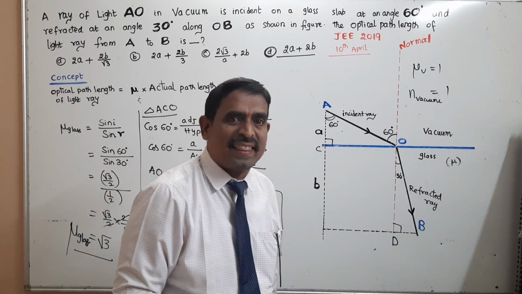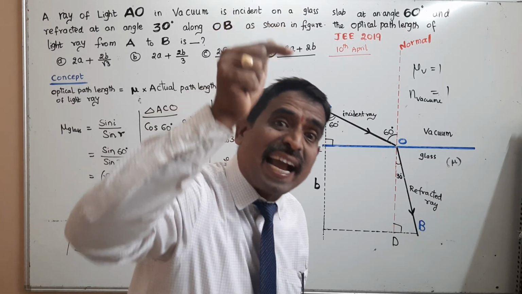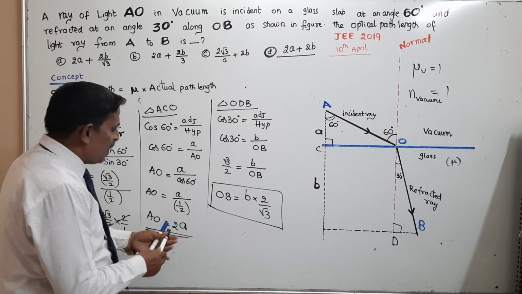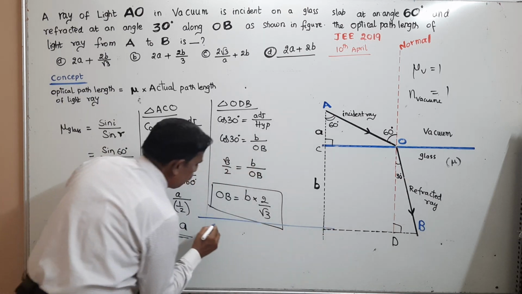Optical path length is equal to refractive index times the actual path length. Now I am calculating the optical path length.